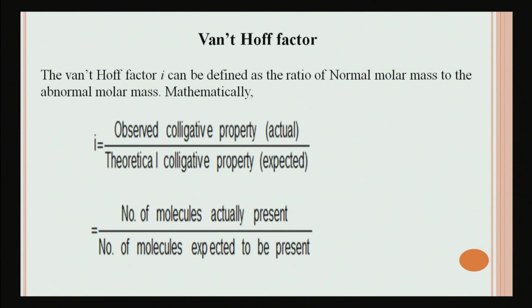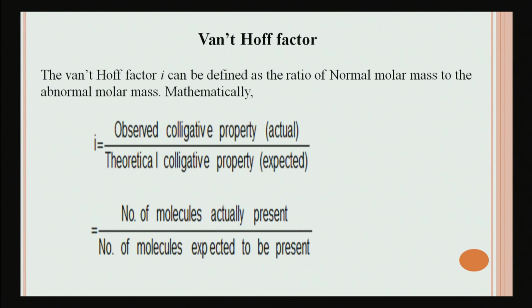Mathematically, i is equal to the observed colligative property, which is the actual one, divided by the theoretical colligative property, which is expected. So, it is equal to the number of molecules actually present divided by the number of molecules expected to be present.